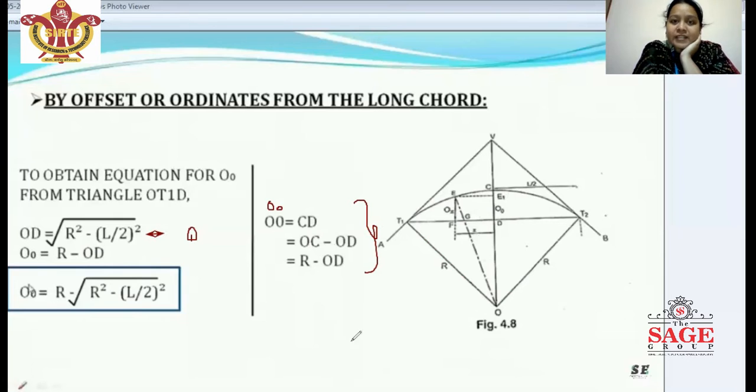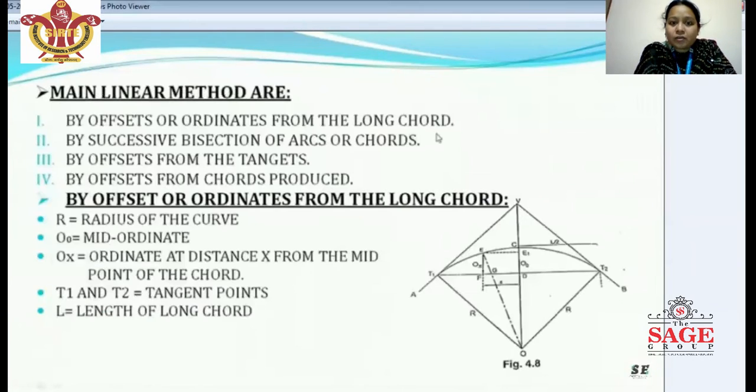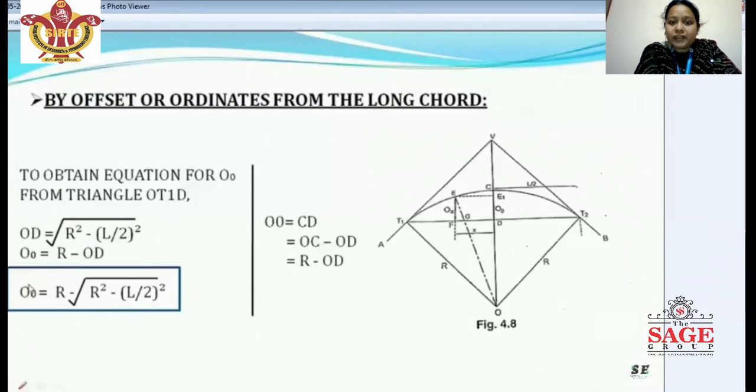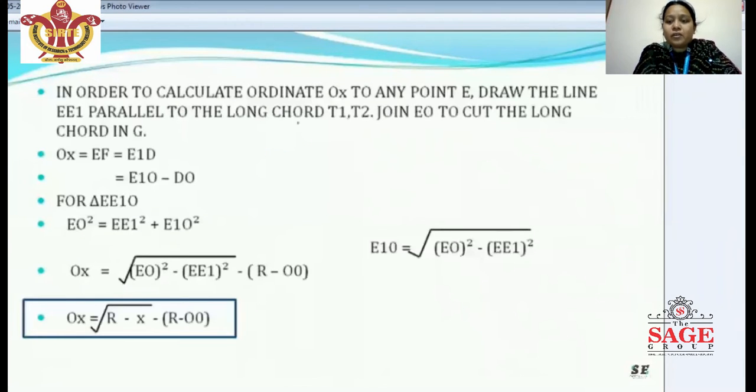Now come to the next slide. We have to clean all this drawing and this annotation also. I think this equation is not much more difficult to find out, but we have to focus on this topic.